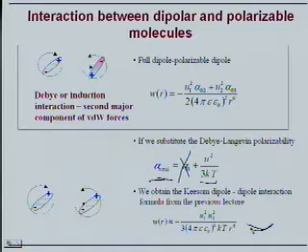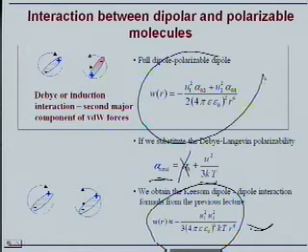So now you know that the formula that we obtained in the previous lecture is actually a simplified version of the full formula for interaction between any two molecules, which may be polarizable and dipolar. This is the general formula which describes any types of molecules with dipole moment and or polarizability.